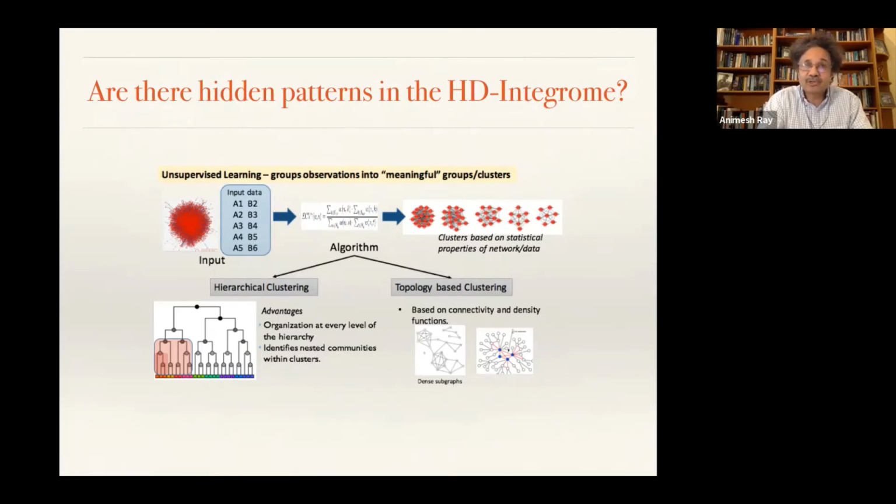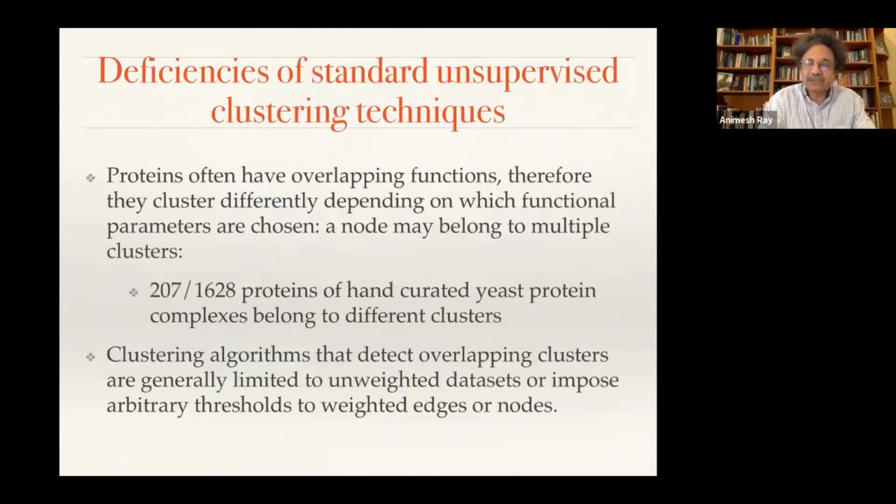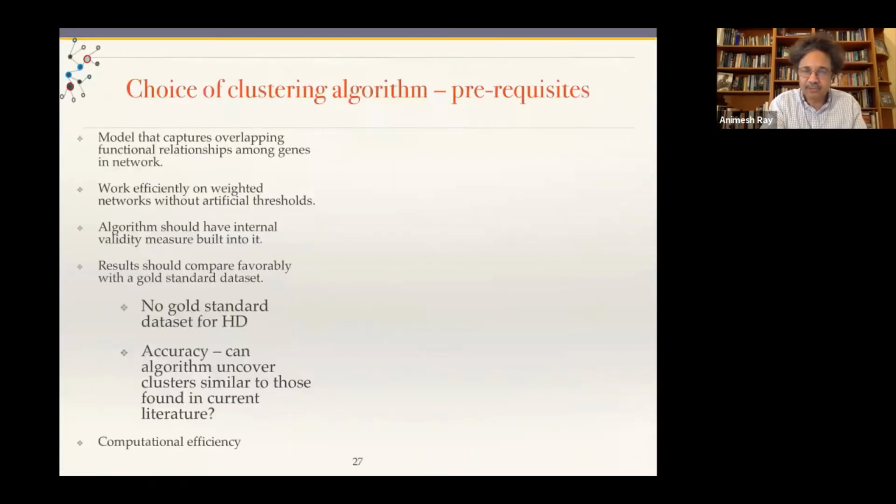That is, members of two clusters are exclusive. In other words, one protein does not belong to two different protein clusters or two different gene clusters. But that's not optimal, because we know that many proteins have more than one function. In fact, 207 out of 1628 proteins that were hand curated in yeast belong to different complexes. So that kind of clustering is non-optimal.